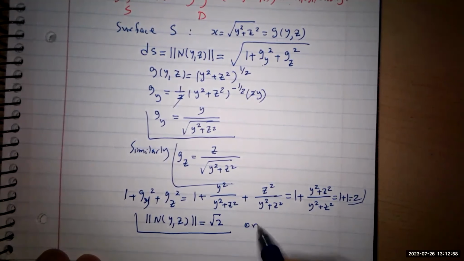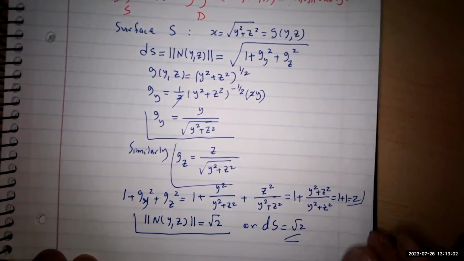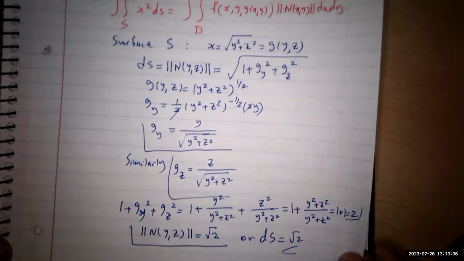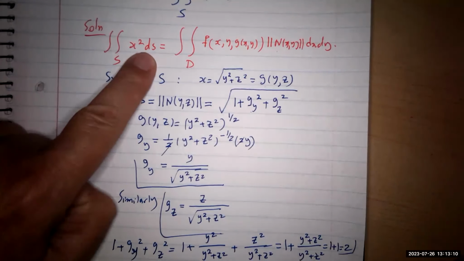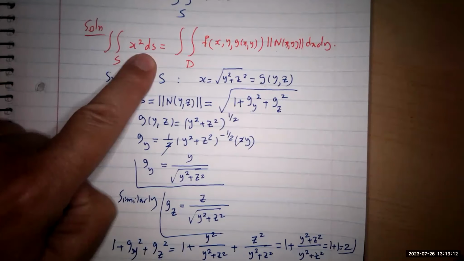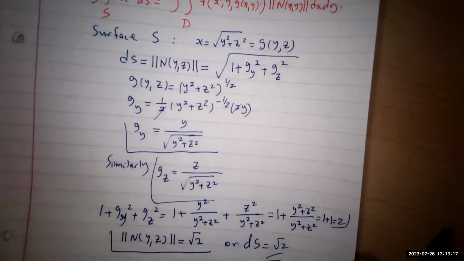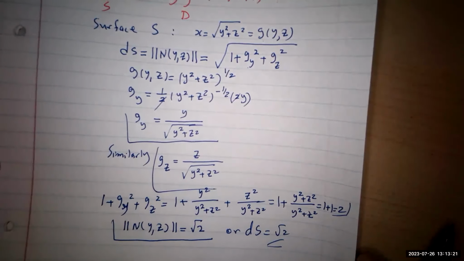Or if you like, dS is radical 2, it's the same thing. Some people go with this one, it's easier to memorize because this is just the dS, the differential of the surface area. Differential of the surface is the same as the norm of the normal vector. Okay, now we are ready to set up the integral.